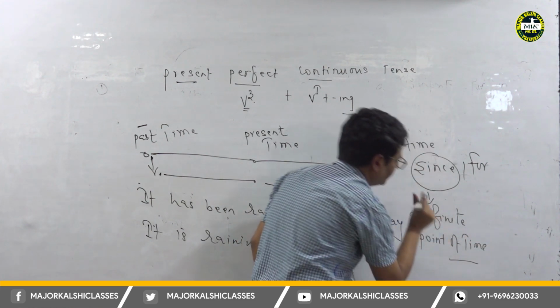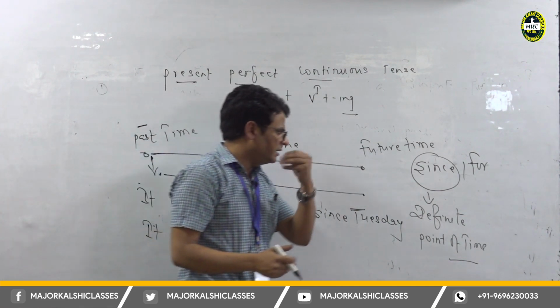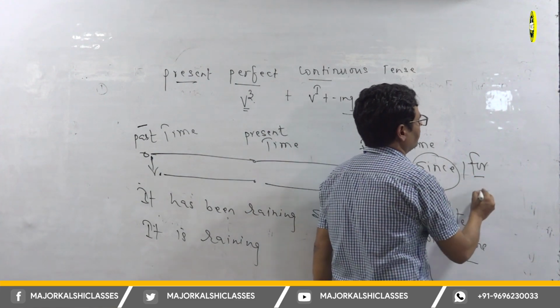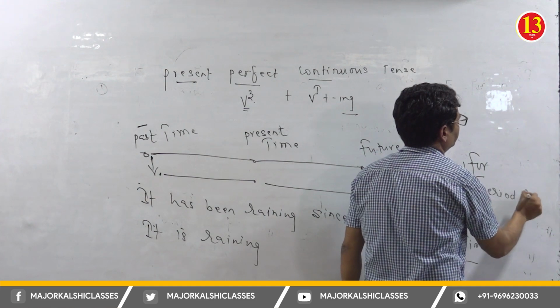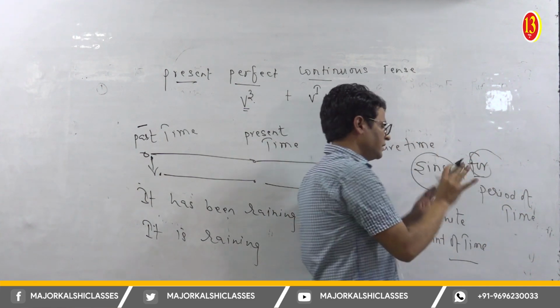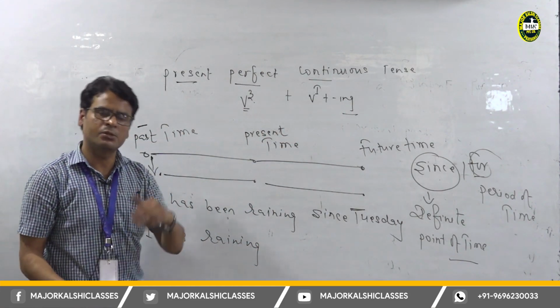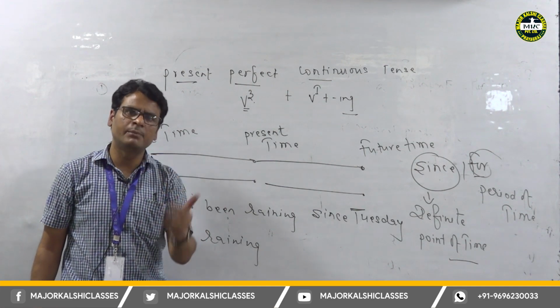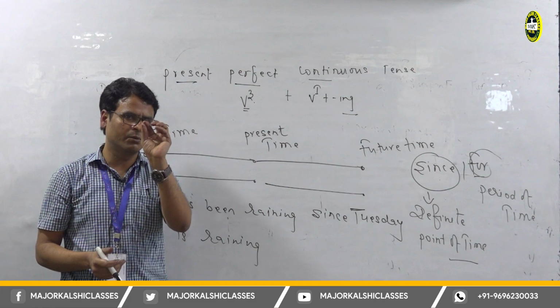In order to express point of time, we need the preposition since, and in order to express period of time, we have to use for. Right? Suppose that I am saying since morning, since evening, since 2005, since 2006, since 12 o'clock. These expressions are called points because they are indicating one.